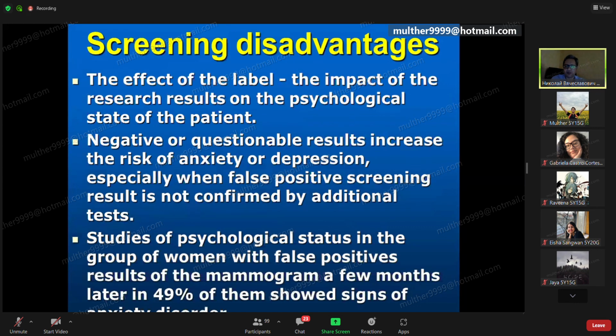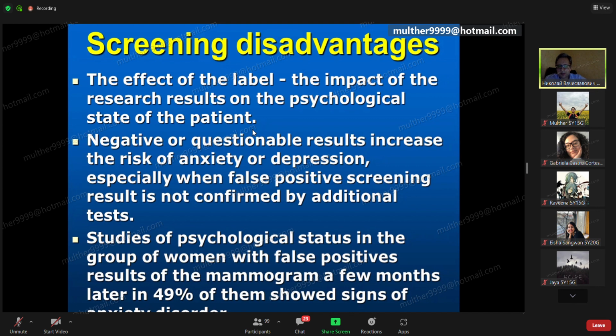For them, it will be the optimal choice. What disadvantages of screening methods are there? The effect of the label. The impact of the research results can negatively influence the psychological state of patients, especially, as I said before, due to false results of any trials.